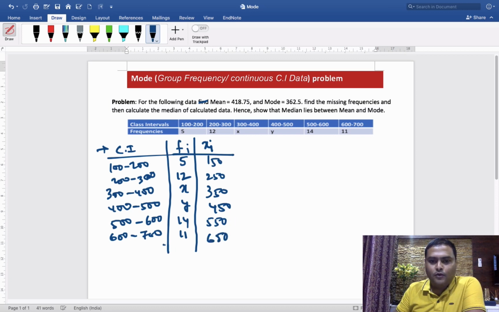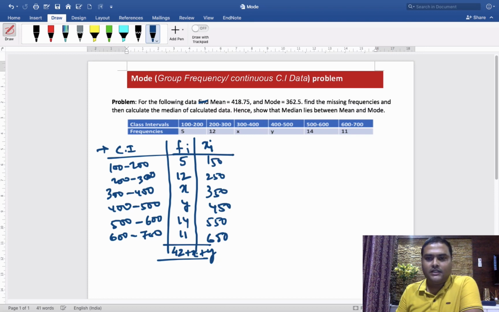And the total frequency will be 5 plus 12 is 17, 17 plus 11 is 28... 28 plus 14 is 42, plus x plus y. We have understood this, right?